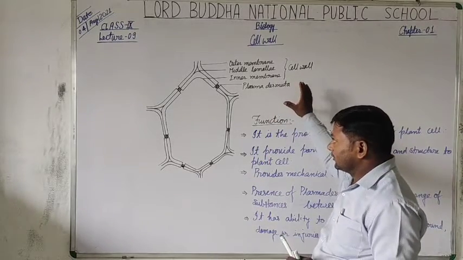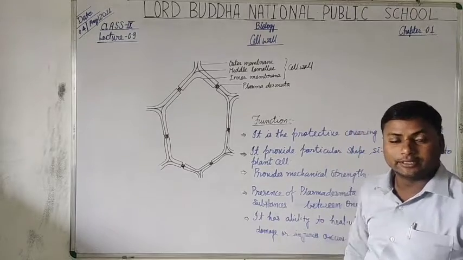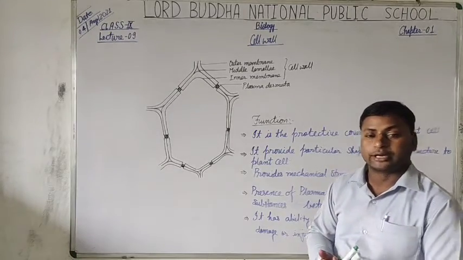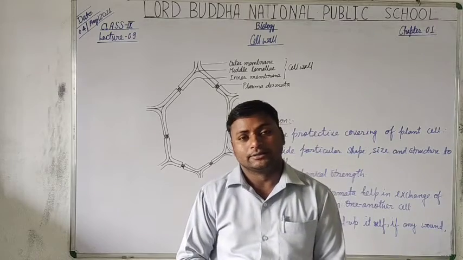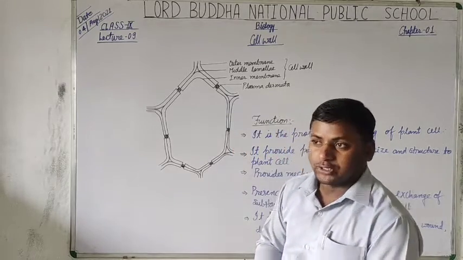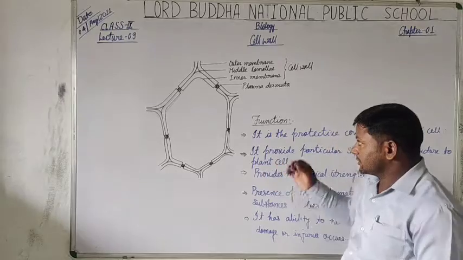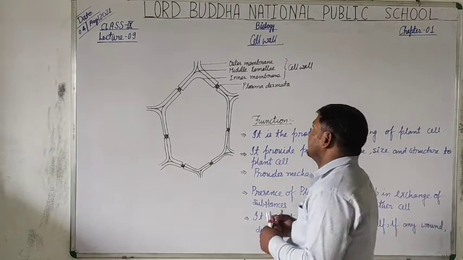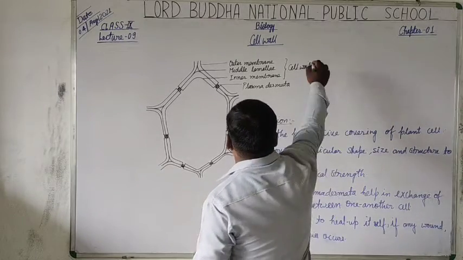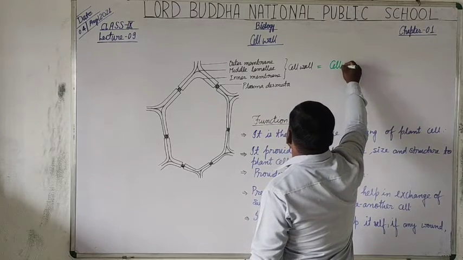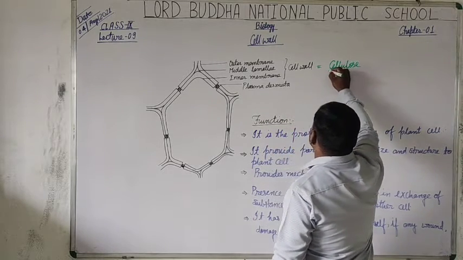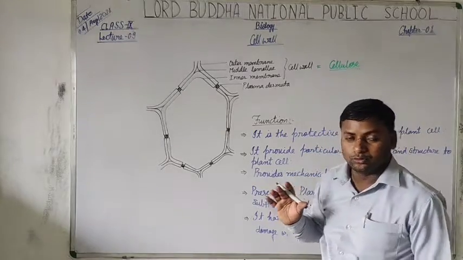So the cell wall, as I explained, is the outermost protective covering in plant cells. Students, the cell wall is made up of a substance called cellulose.